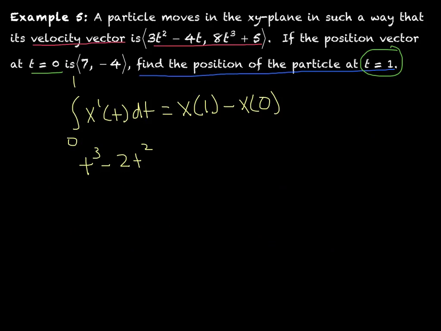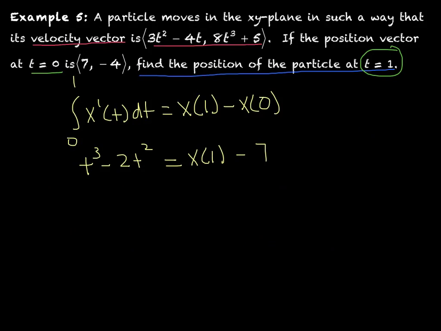All right, and that is going to be equaling the position of the x coordinate at 1, which we don't know, minus the position of the object's x coordinate at time 0, which we do know, which is 7.